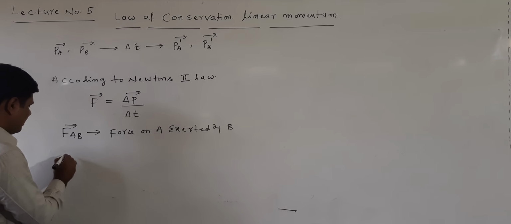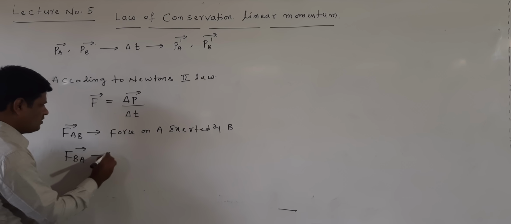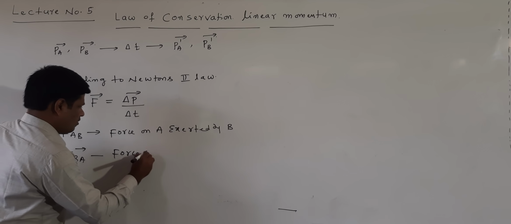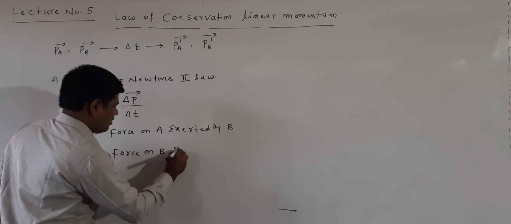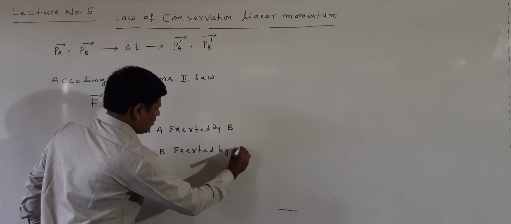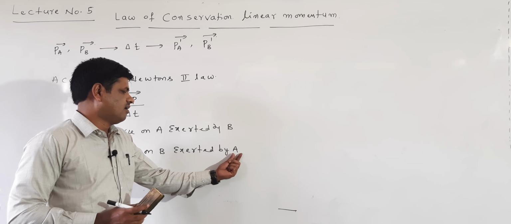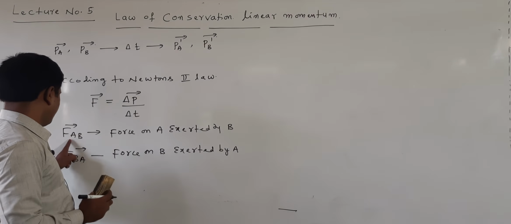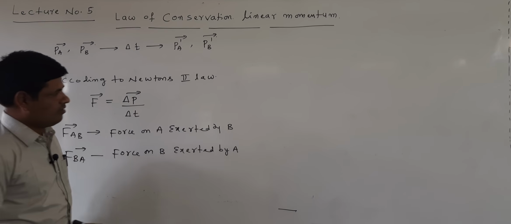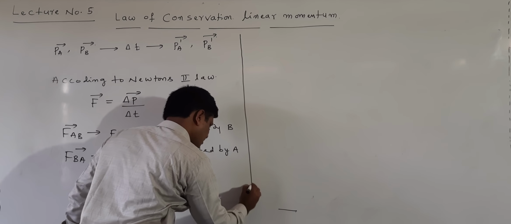Now, what is FBA bar? This is the force on B exerted by A, meaning the force acting on B body that is exerted by A body.